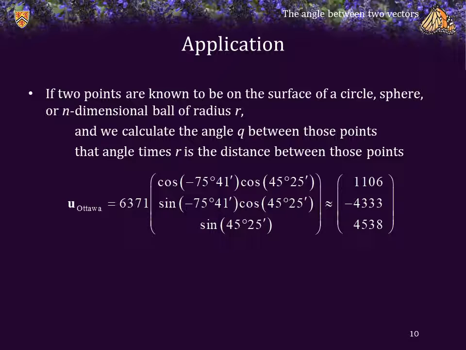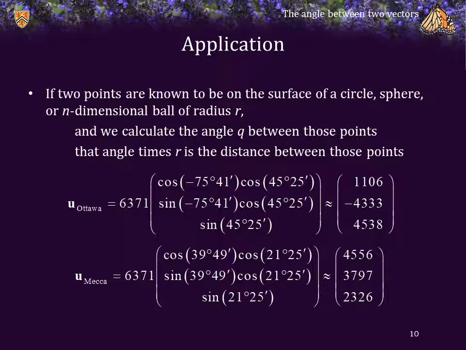From this, we can calculate the absolute position, assuming the positive x-axis goes from the origin and passes through the equator along the Greenwich meridian. The z vector or axis goes from the center of the Earth towards the North Pole, and you can use the right-hand rule to determine where the y-axis is.